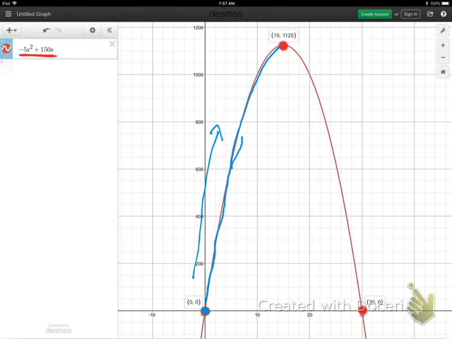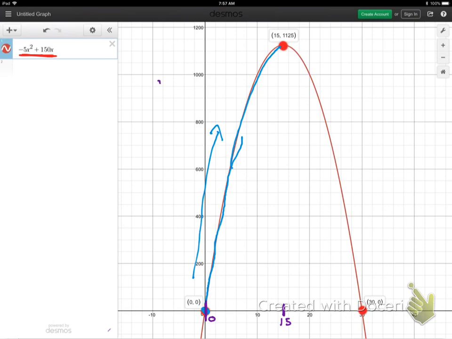The increase occurs from when x is 0 all the way to when x is 15, where our axis of symmetry is.